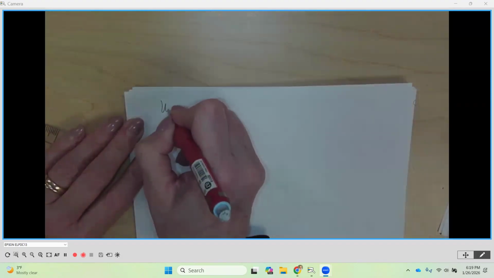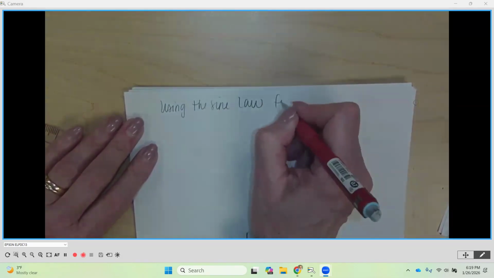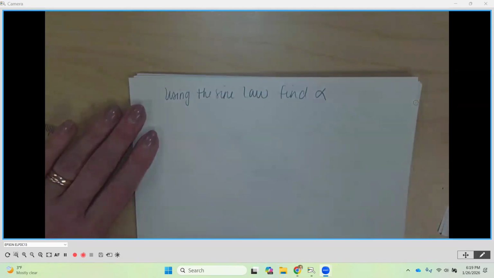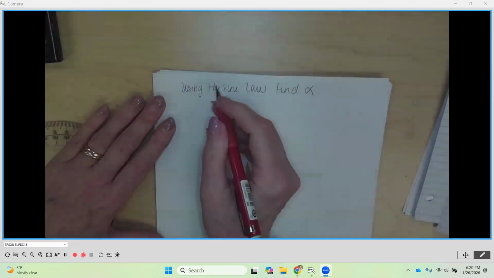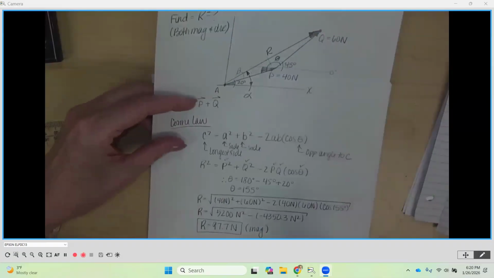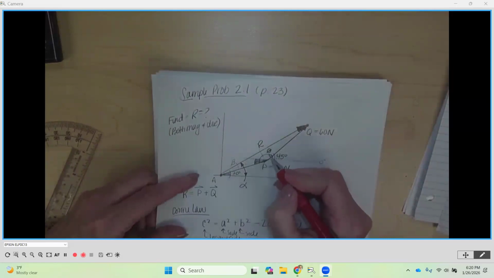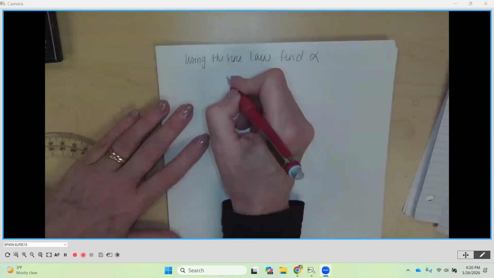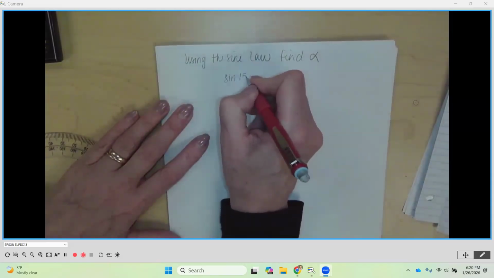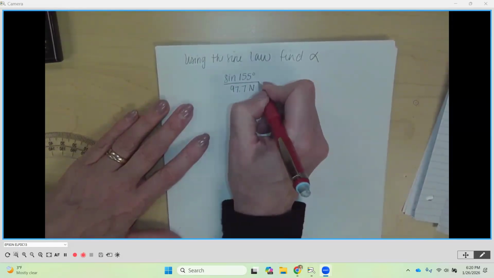So using the sine law, find alpha, okay? We're going to use the relationship because we want to find an angle. We're going to put the sines on the top. So we're going to say sine of 155 over the length of our resultant, 97.7 newtons.